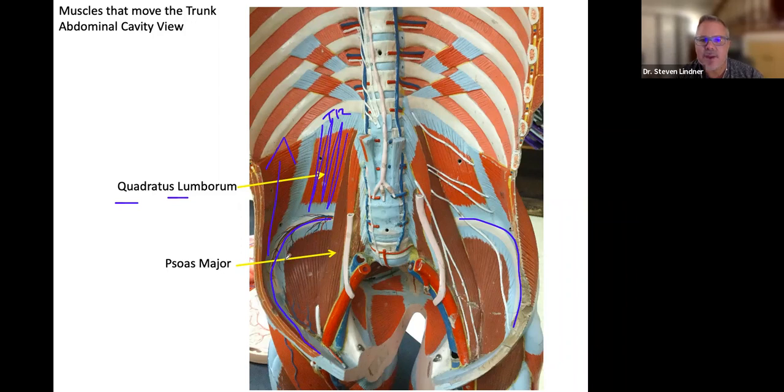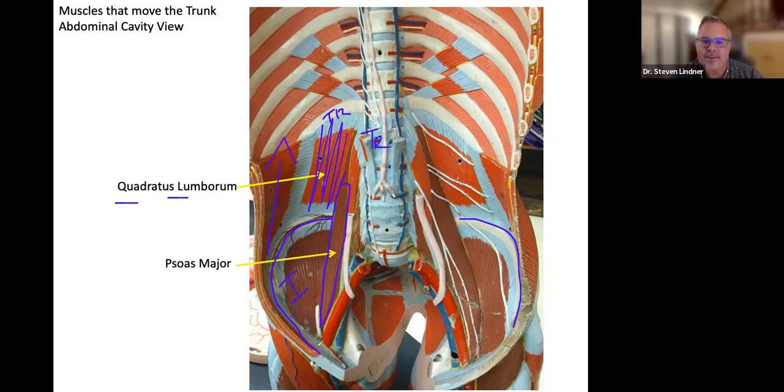And then Psoas Major. Psoas Major is this muscle, whereas iliacus, I'll put an I, iliacus is this muscle. So the iliacus and Psoas Major come together and they join, they attach distally. Psoas Major attaches to your spine somewhere around T12.